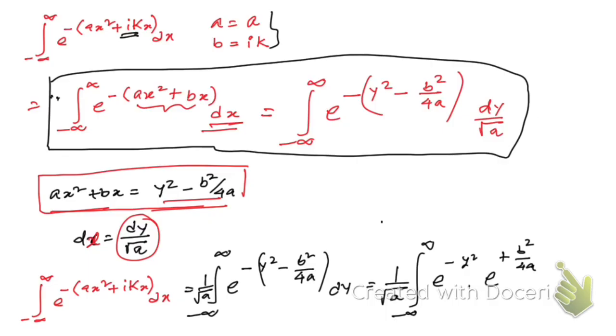Okay, so that's how we can write. Then here dy. Now here you see a is equal to a but b is equal to ik, so we can replace this b square by ik square, and squaring this, what you're going to have is minus k square, because i square is minus 1. That's what we're going to have, right? Hope you have understood this.